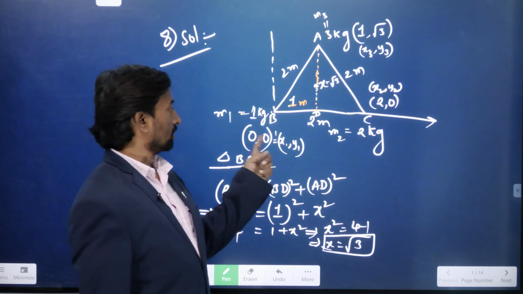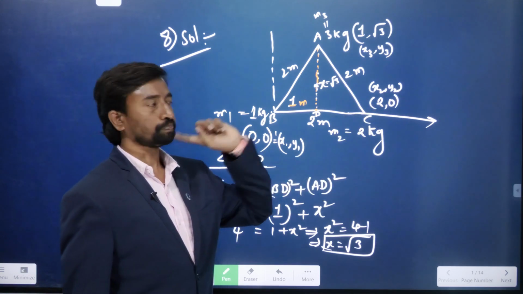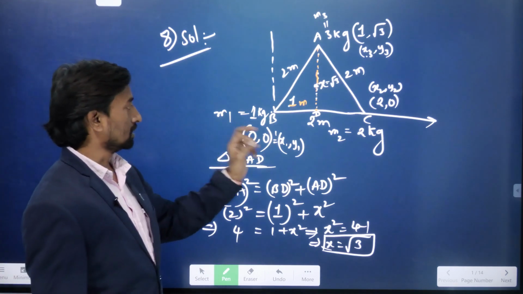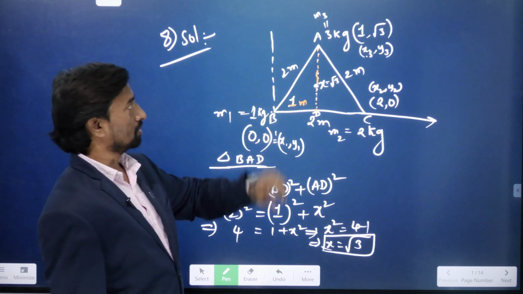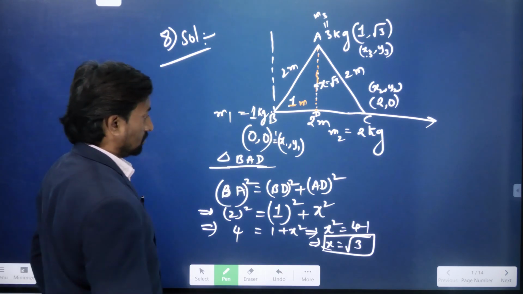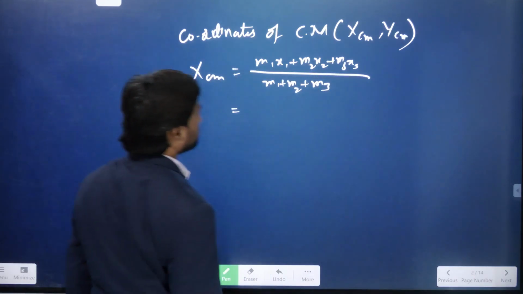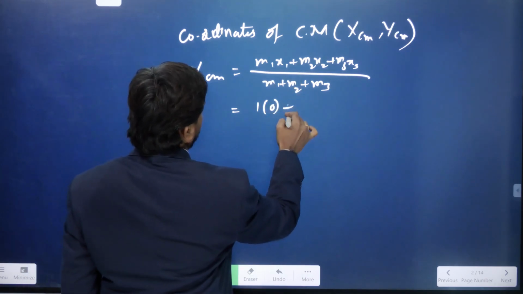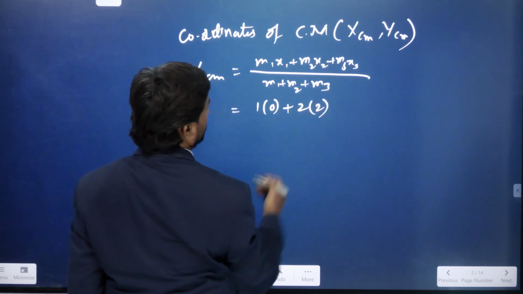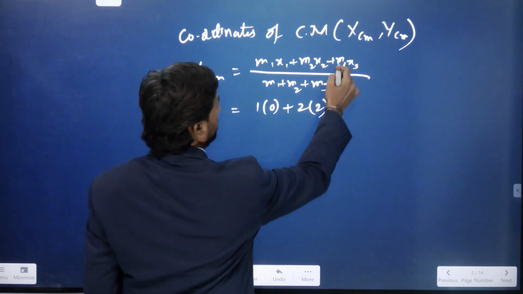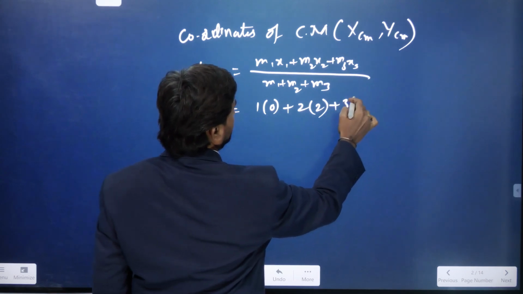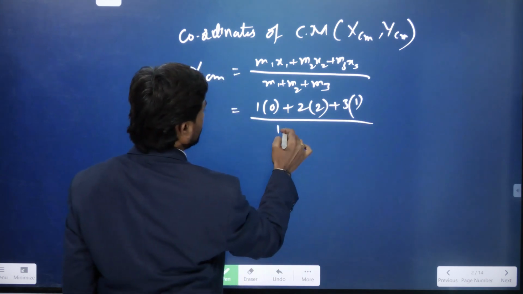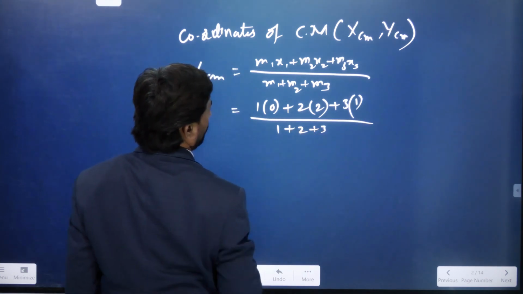So now we have the x1 value 0, the x2 value is 2 and the x3 value is 1. M1 value is 1 kg, M2 value is 2 kg and M3 value is 3 kg. Okay. So now substitute: 1 kg into 0, plus 2 kg into 2, plus 3 kg into 1, divided by 1 plus 2 plus 3.